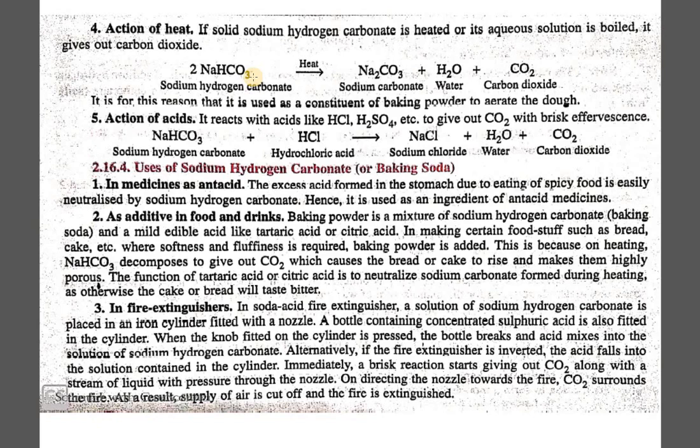It is for this reason that we use baking powder as a constituent to aerate the dough. You all must have seen that for making the dough softer, we add baking soda, and it is a part of so many South Indian dishes. The baking soda is a very important constituent of our food material.